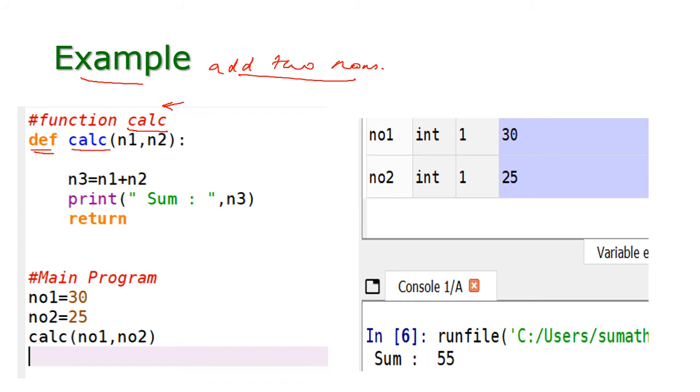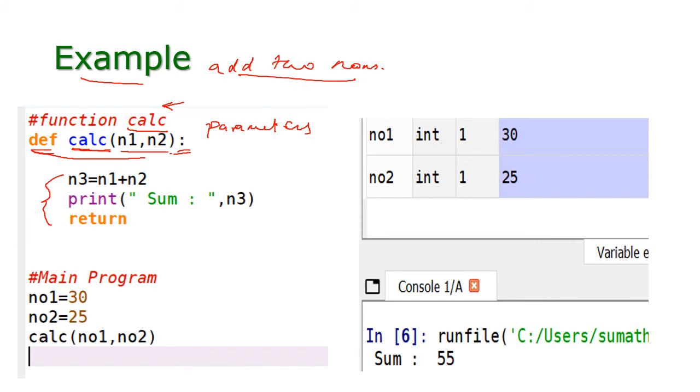The name of this function is calci, and it has two arguments enclosed within the parentheses. n1 and n2 are two variables, and those are called parameters. This function header ends with a colon, which means the following block will belong to this function.